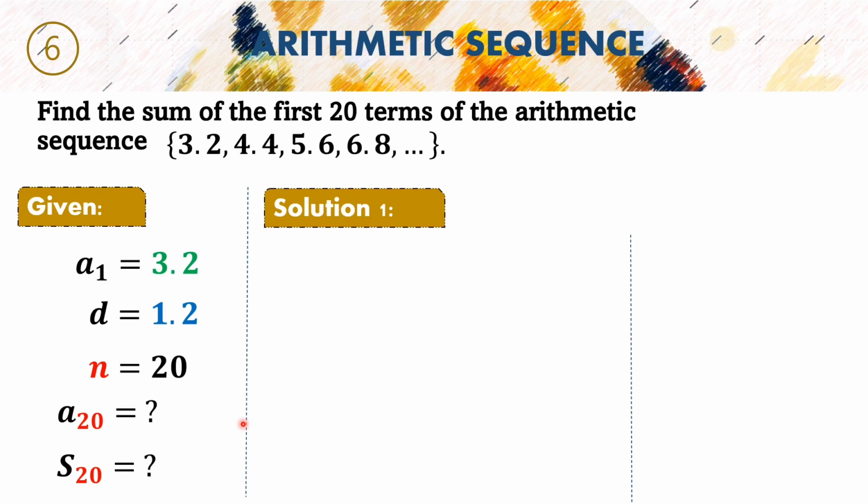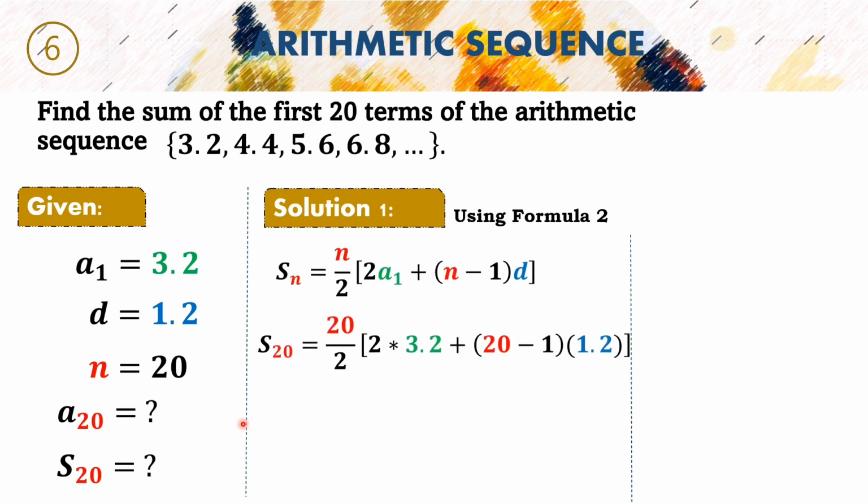Solution 1, using formula 2. Substituting the given, S sub 20 equals 20 over 2, quantity 2 times 3.2 plus quantity 20 minus 1 times 1.2. We have 20 over 2 is 10, 2 times 3.2 is 6.4, 20 minus 1 is 19 times 1.2.